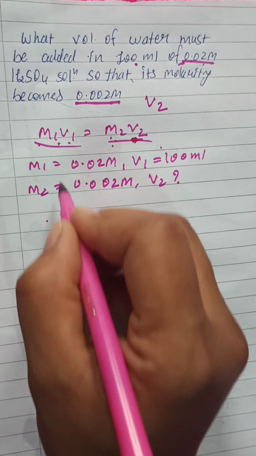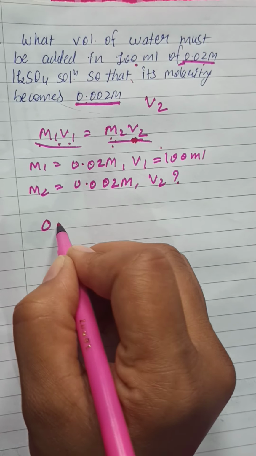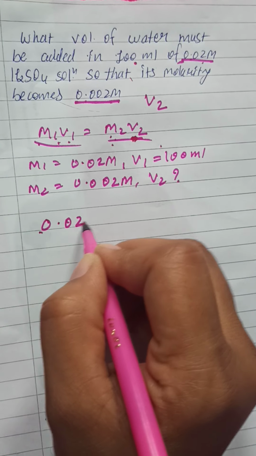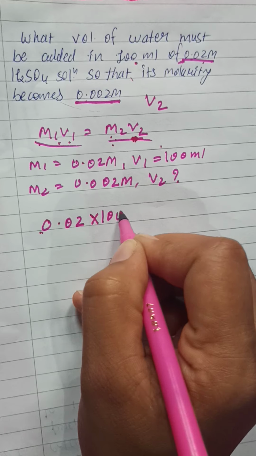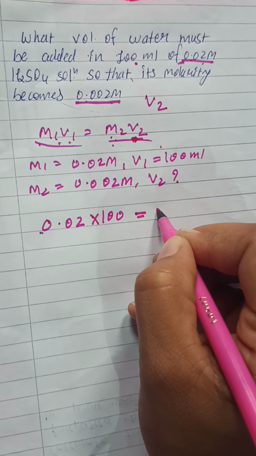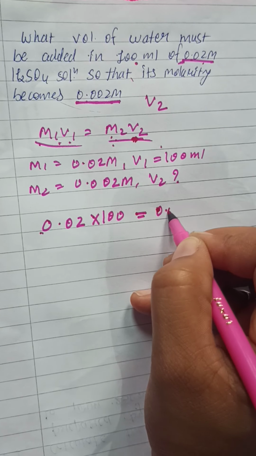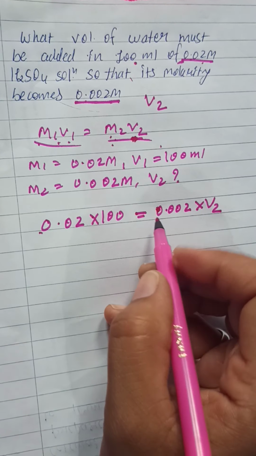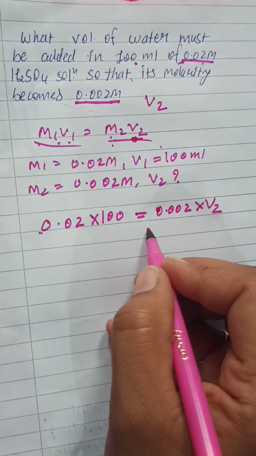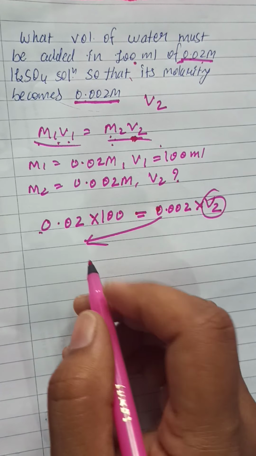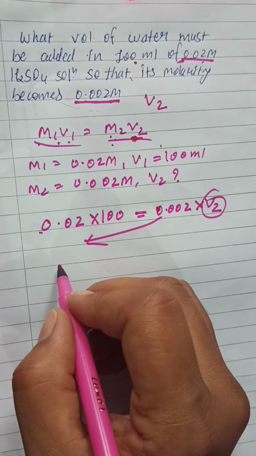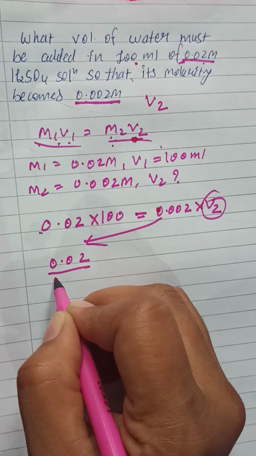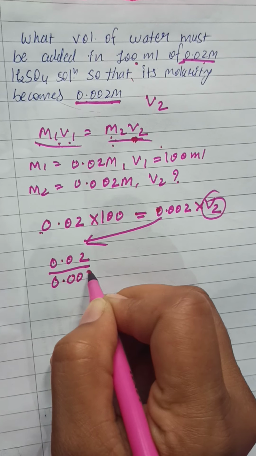We put these values in the formula: 0.02 into 100 is equal to 0.002 into V2. So this goes in the denominator: 0.02 upon 0.002.